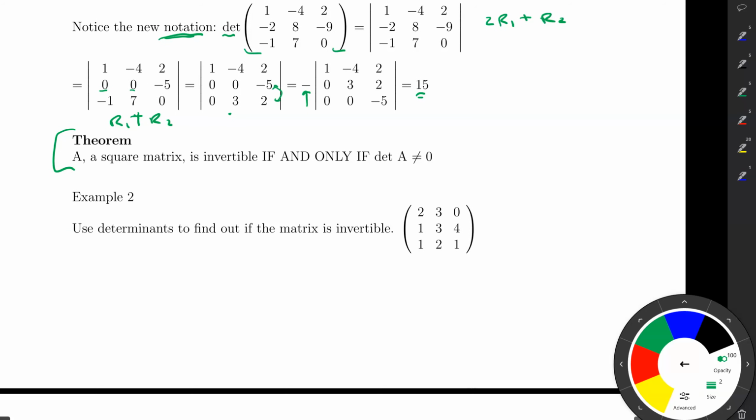So that could be a question. You could be asked, is this matrix invertible? And you would need to find out what the determinant is. Since this does not have a nice row of zeros anywhere, or column of zeros, I'm thinking, how about I make a column of zeros right here.